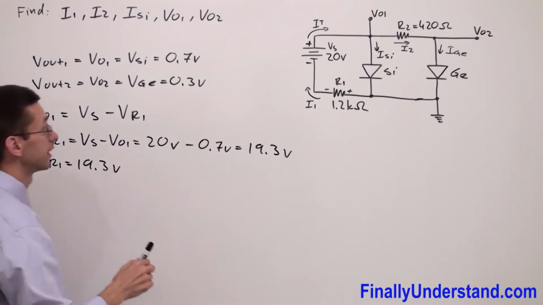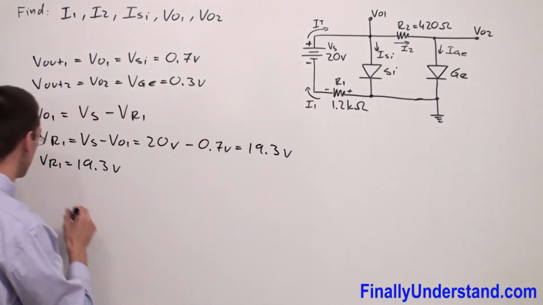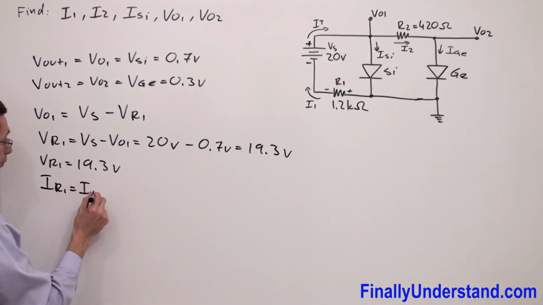And if I want to find the current which goes through this resistor, I'm supposed to simply write that IR1 is equal to I1.